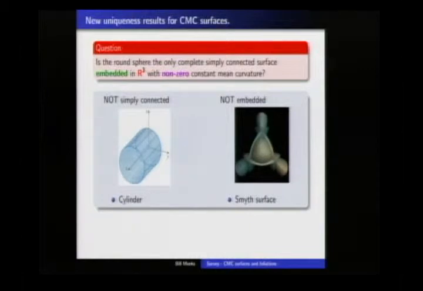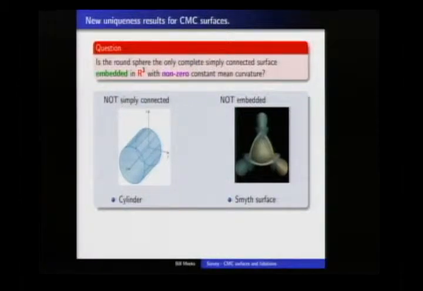And we have, it turns out, interesting, complete, properly immersed surfaces which are conformally the plane. They're conformally the complex numbers, the complex plane. So, but they're not embedded. So it's hard to embed planes in R3 with constant mean curvature.